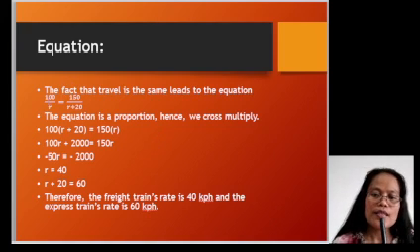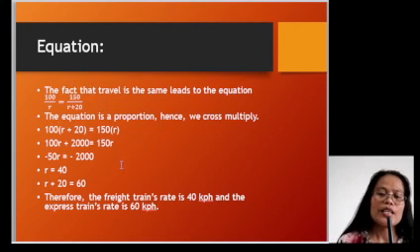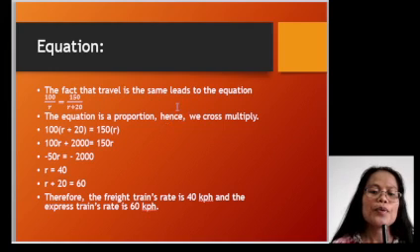Look at this, we can apply proportion for this equation, and we can apply cross multiplication. So we have 100 times R plus 20 is equal to 150 times R.